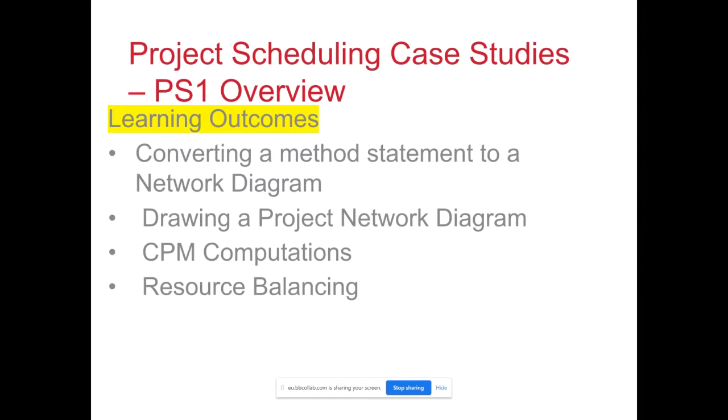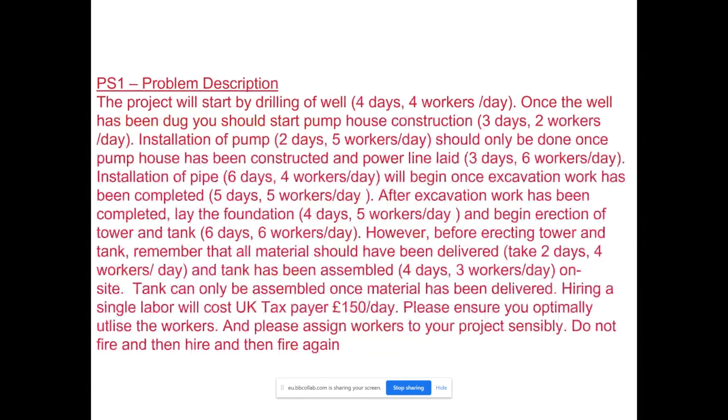So here the process and a method statement is given, and it was expected that students would go through this method statement and convert it into a network diagram. Secondly, the learning outcome was basically to draw a project network diagram. Thirdly, to undertake CPM computations, and fourthly, resource balancing. So these were the learning outcomes which were expected from this project.